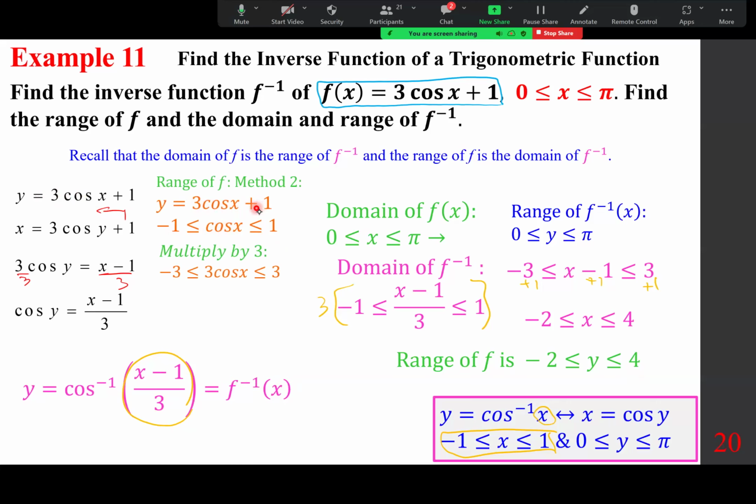We want it to look like this. Add 1. And so the answer is the same. As you can see, the range is between negative 2 and 4. Two different ways.